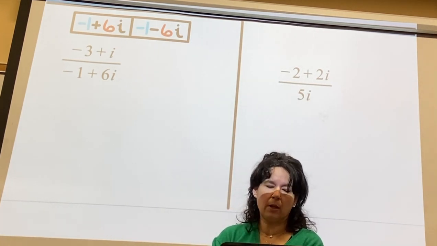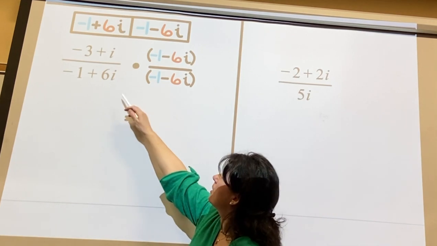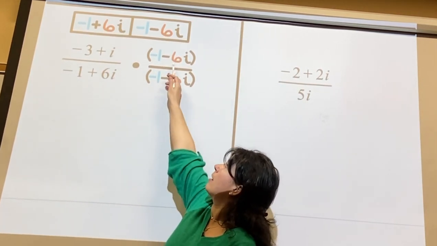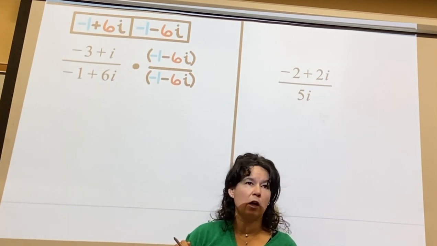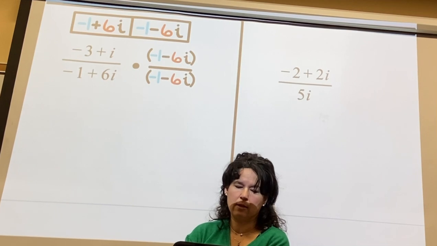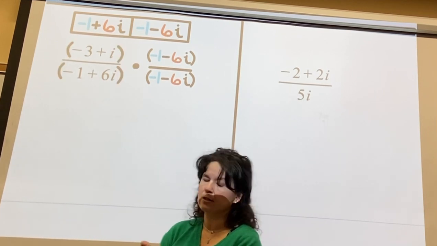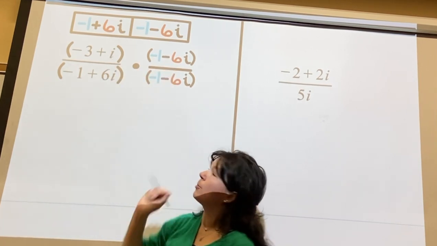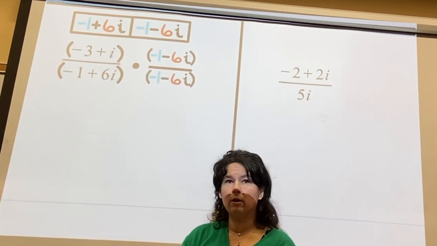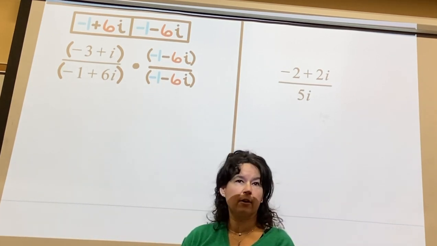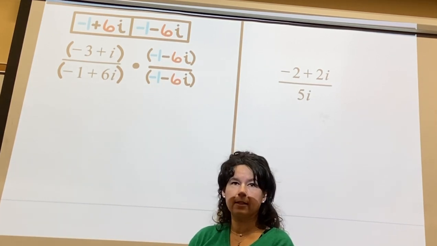I'm going to multiply by negative 1 minus 6i, but whatever I do to the bottom, I've got to do to the top. You may want to put a set of parentheses to help you multiply, because you're taking numerator times numerator, which you would need to FOIL, and denominator times denominator, and you would need to FOIL that.